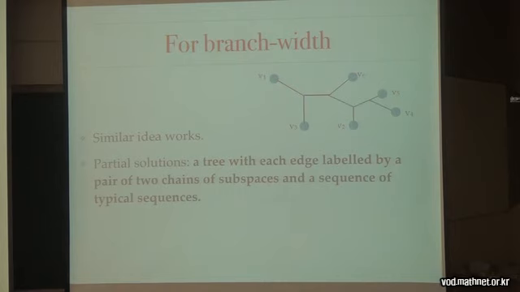So what kind of information do we keep? Now it's more complicated. For each edge, I need to remember these chains of subspaces with intervals. For each interval, you have typical sequences. For every edge, we do that. So that's a partial solution.